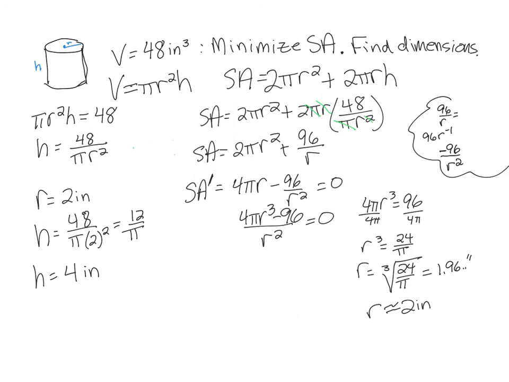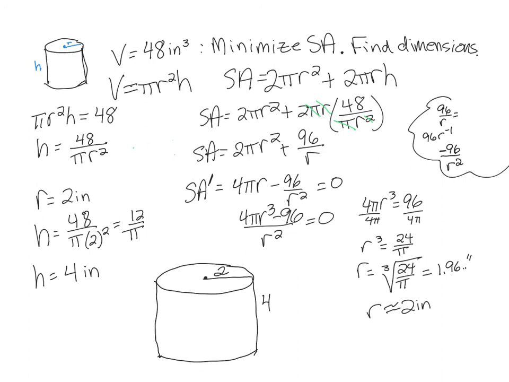When you're looking for the most optimal situation, you're going to get something that's as close as possible to a sphere or a cube or a square or a circle. So we got the radius of this thing was right around 2, and the height is 4.